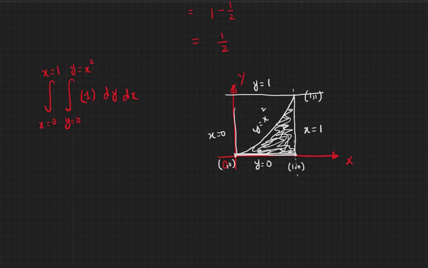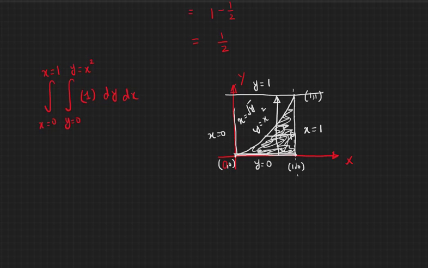We know that this is y is equals to x square. What should be the value of x in terms of y? So that should be x is equals to square root of y. So the limits of integration in this direction would be from x is equals to square root of y to x is equals to 1, and then integration with respect to y will be from 0 to y is equals to 1.